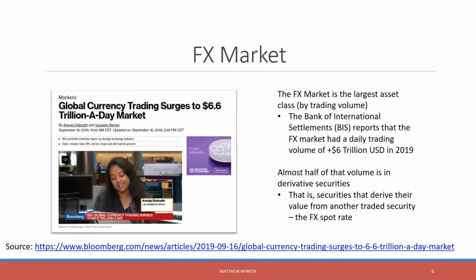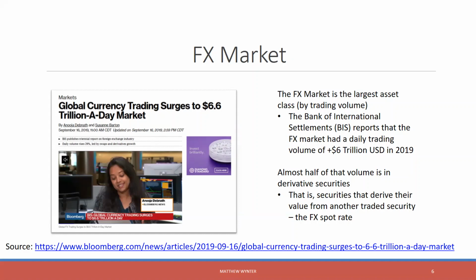So we keep saying FX market, and I just want to establish that this is the largest asset class that we have. By trading volume, the Bank of International Settlements, BIS, reported that the FX market had a daily trading volume of plus 6 trillion USD in 2019. Almost half of that volume is concentrated in derivatives.